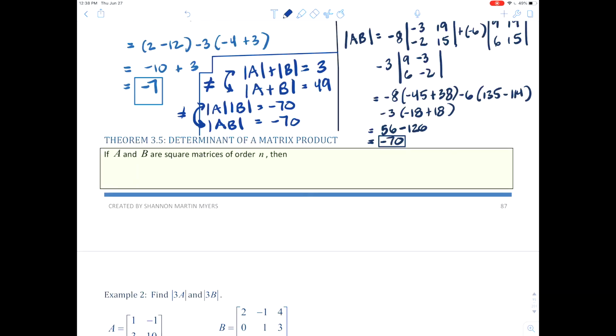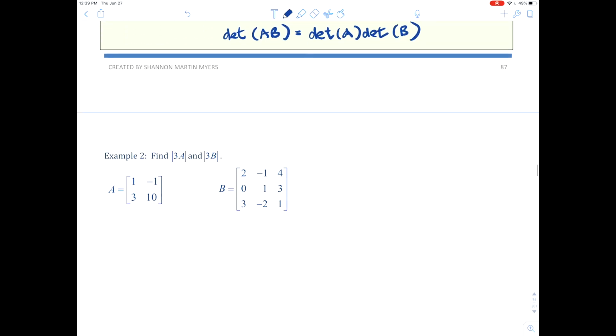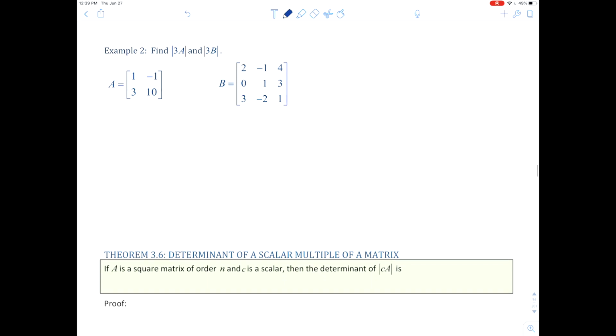It turns out that, as long as A and B are square matrices of that same order n, the determinant of the product of the two matrices is equivalent to the product of the determinants. Cool?